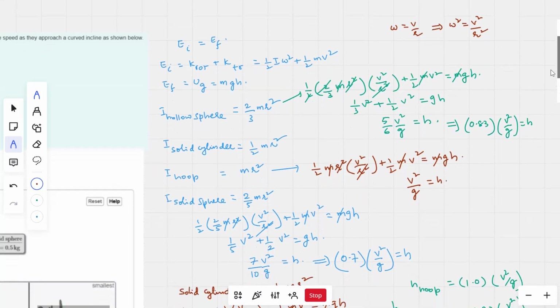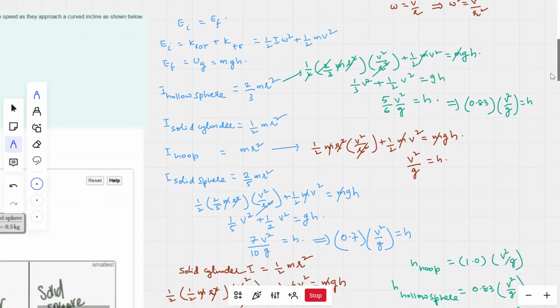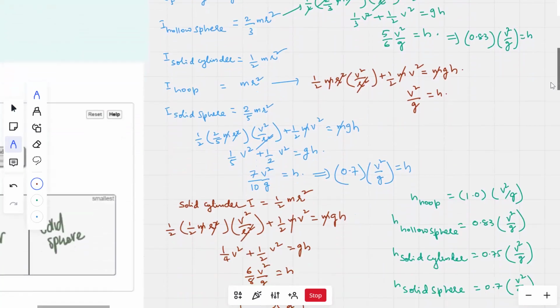Next, go for the solid sphere. Here I is equal to 2/5 mr square, and we put it in half I omega square, the rotational kinetic energy. So half times 2/5 mr square times v square over r square, plus half m v square, is equal to mgh. On simplification, we get h is equal to 0.7 v square over g. Then finally, we calculate the solid cylinder.